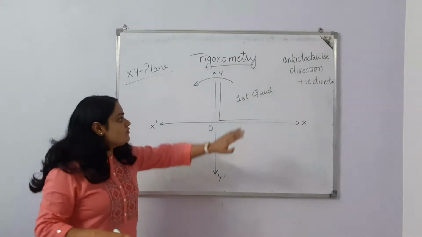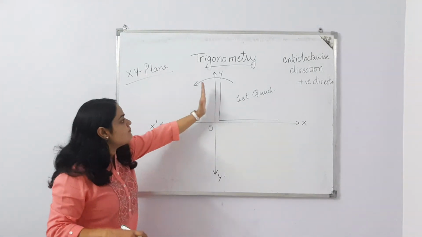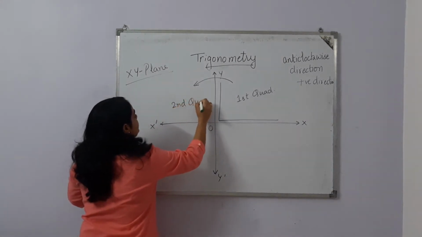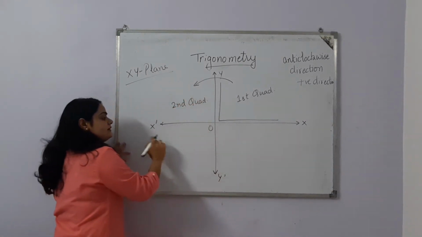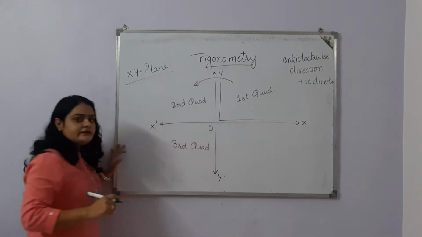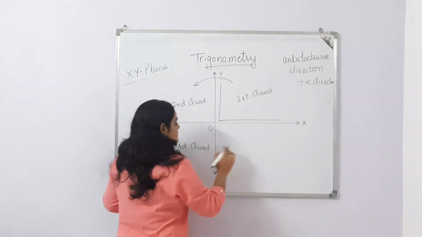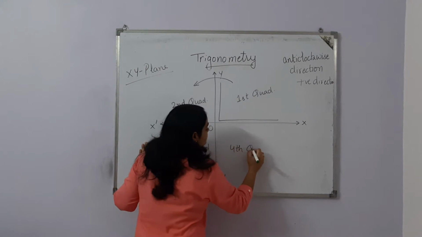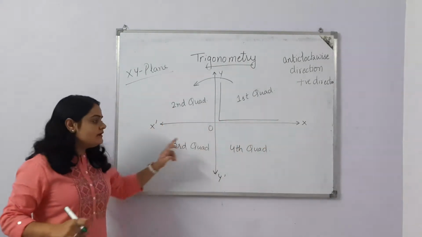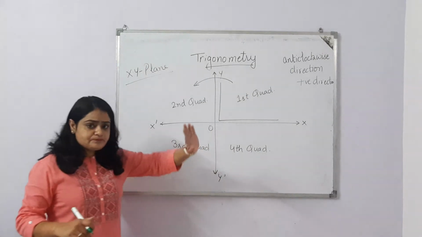So if this is your first quadrant, then this side has negative x-axis and positive y-axis. This is your second quadrant, and here this is your third quadrant. The third quadrant contains negative x and negative y, and this is the fourth quadrant. The fourth quadrant contains all the points of positive x and negative y.